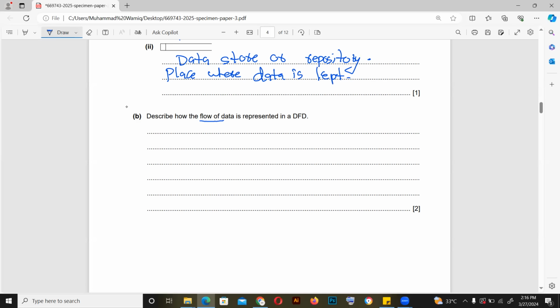Now I need to discuss the flow of data. So when it comes to a flow of data, we know that we use straight lines connecting symbols.